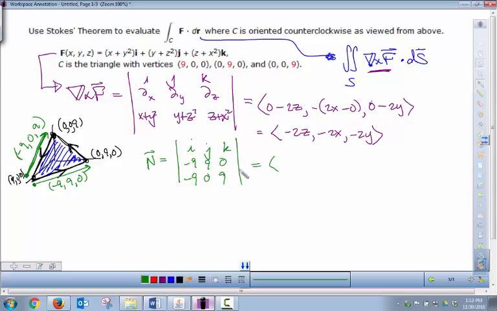So we cross that, and we're going to get 81, negative 81, negative 81.